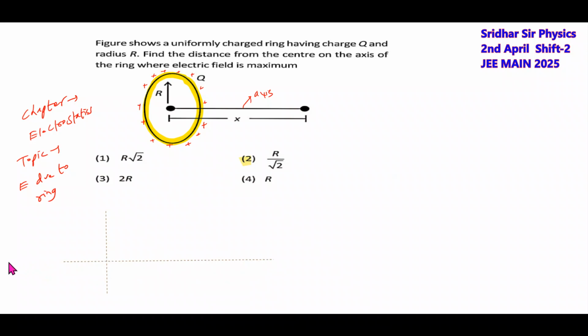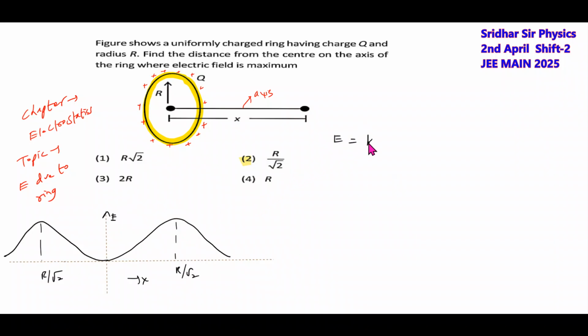There's a graph showing the variation of E as a function of X. Exactly at R by root 2 on either side, it will be maximum. Then what is the expression for the electric field strength?